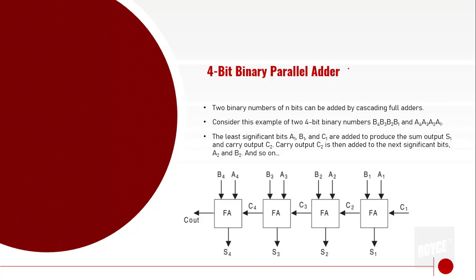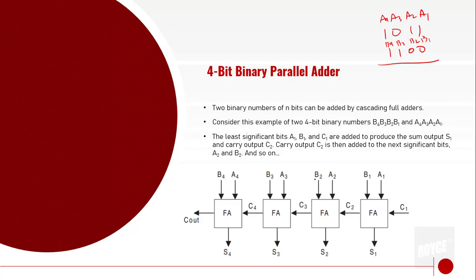In here, ang ina-add na dito is 4 bits na. So halimbawa, meron ako 1011 and 1100. So ito ay A sub 4, A sub 3, A sub 2, A sub 1, and itong sa baba is B sub 4, B sub 3, B sub 2, B sub 1. Okay, tapos mapapansin nyo, yung carry output ng first stage magiging input ng second stage.